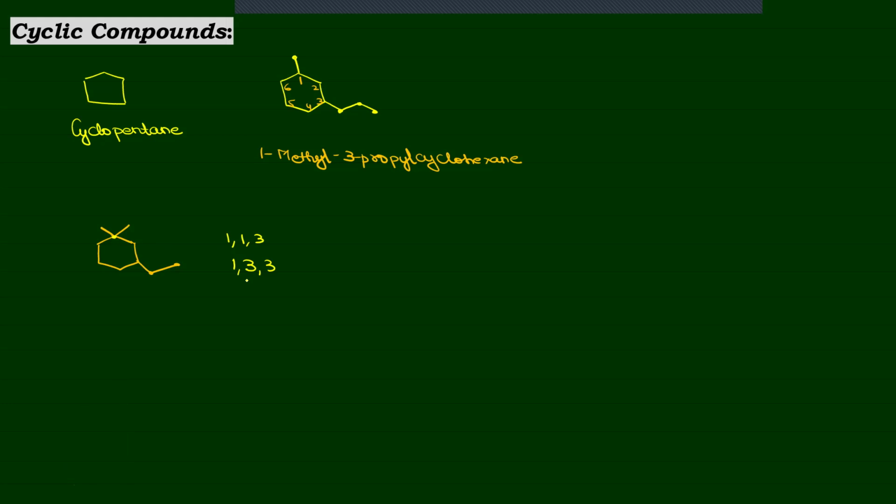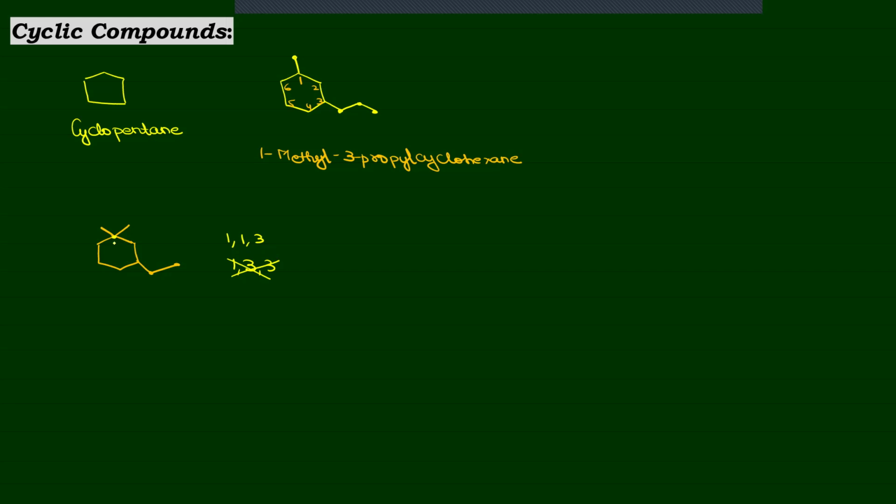Tell me which is the correct way to number. 1,1,3. So from here, you should understand that the priority of lowest numbering is more important than the alphabetical order. First you have to check the lowest number, then check alphabetical order.